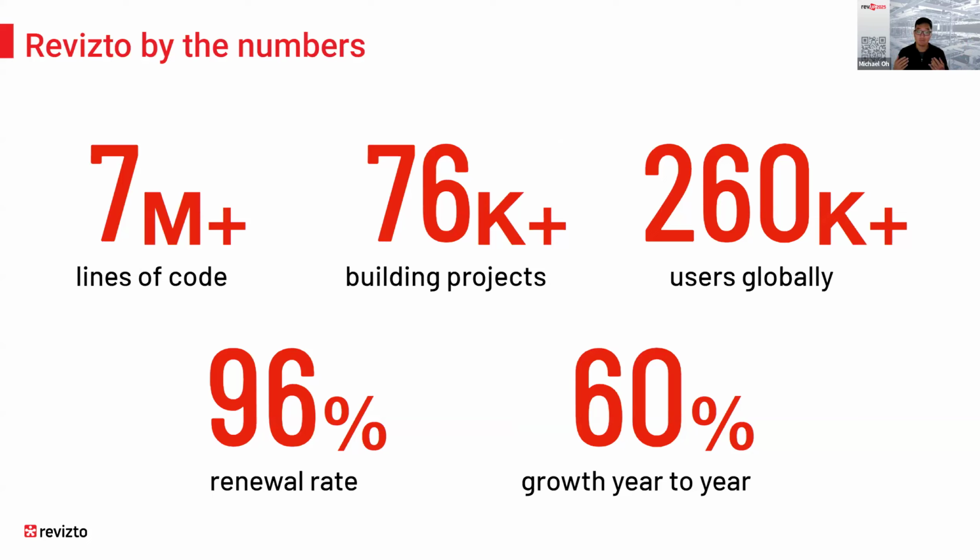We support more than 76,000 building projects across the globe, with many hundreds of thousands of users globally, and our clients really enjoy using us, with very high renewal rates. Once they use Revizto and implement it correctly, they typically tend to use Revizto on subsequent projects. And even though we've been in business for 15 years now, we're growing very fast, at 60% year to year.